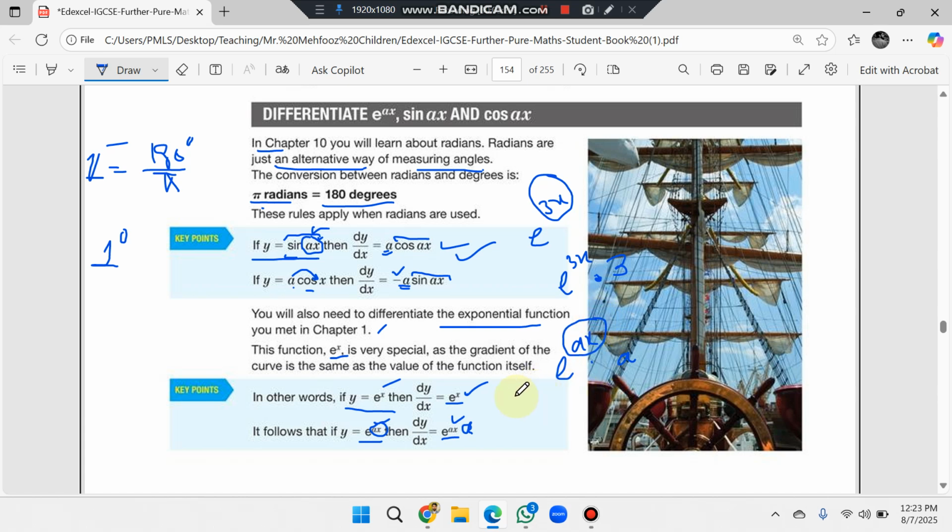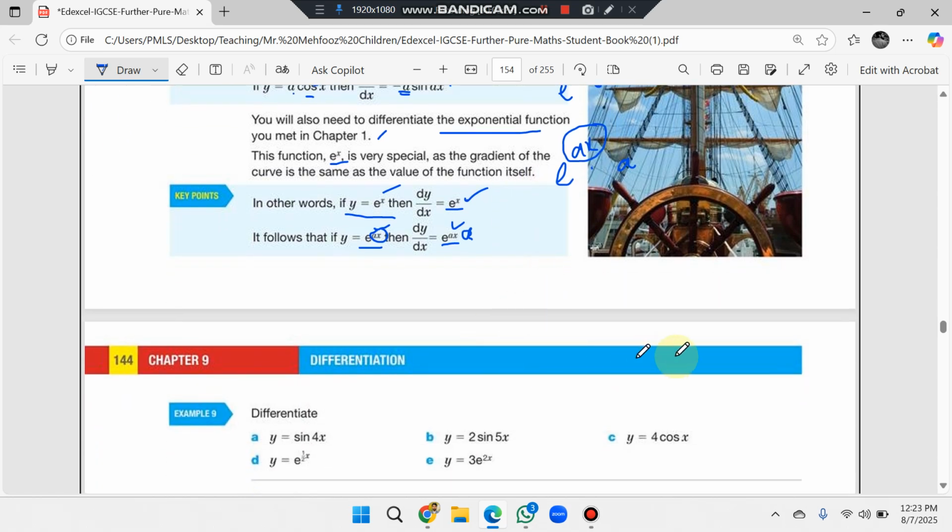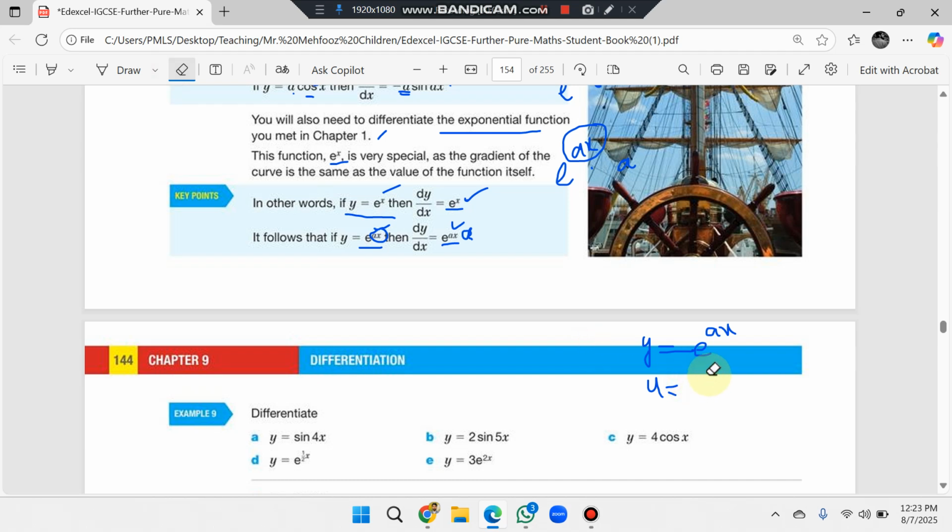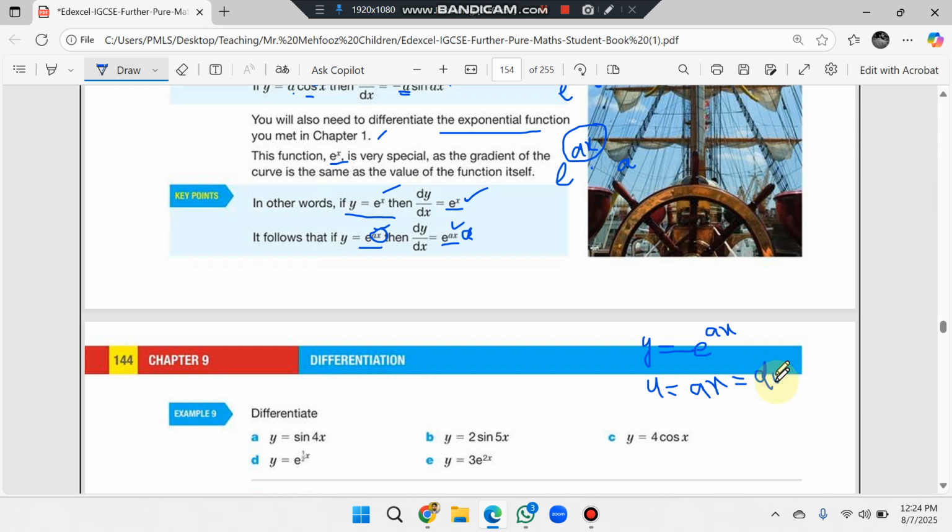You can also use the chain rule to prove. How? By using the chain rule, let y is equal to e raised to the power ax and let u is equal to ax, right? Now what is the derivative du by dx? Du by dx will be equal to a.